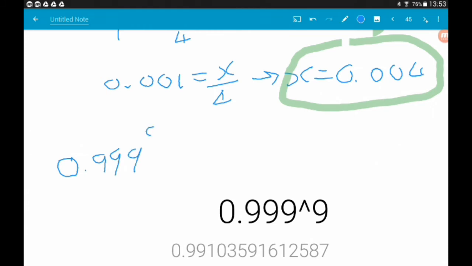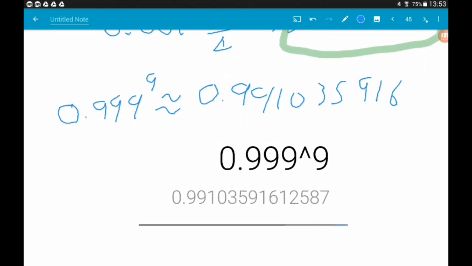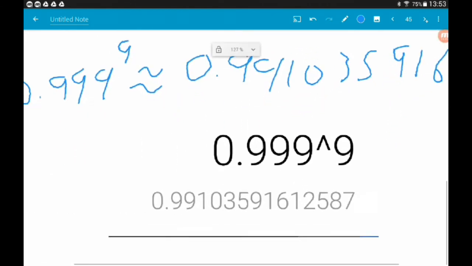0.999 to the power of 9 is approximately 0.9910359116, which, if we compare that to a calculator answer, is actually incredibly accurate.